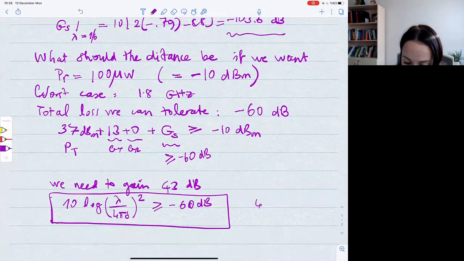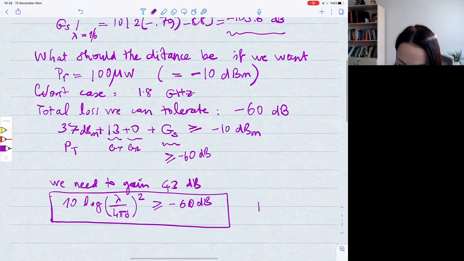So 43 is 10 to the 4.3, right? So from 2 kilometers, oh, 10 to the 2.15 though, wait. We're talking about 10 to the 43 over 20, which is 10 to the 2.15.